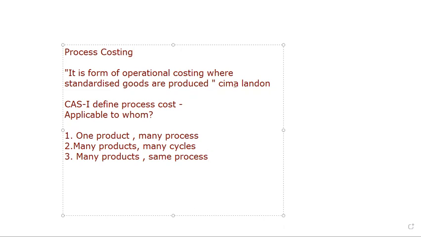Say an oil refinery can obtain many joint products such as refined oil, gas, steam, etc. In the same process में बहुत सारी multiple product मिलता है एक ही process में. जैसे शुगर केन का भी एग्जांपल आपको दिया, तो बहुत सारे बाय प्रोडक्ट, जॉइंट प्रोडक्ट, मल्टीपल प्रोडक्ट मिलते हैं. ओके, तो इस केस में प्रोसेस कॉस्टिंग इज एम्प्लॉयड टू ascertain द इंडिविजुअल कॉस्ट ऑफ ईच प्रोडक्ट. हर एक प्रोडक्ट का प्रोसेस कॉस्ट आप कैलकुलेट कर सकते हैं. So therefore it is applicable to one product which has undergone many processes, many products undergone many cycles, many products having the same process.